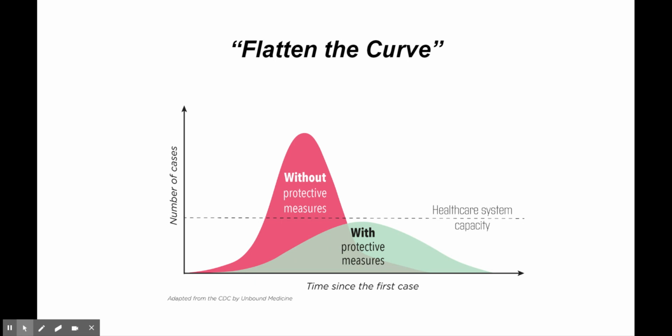The dashed line across the graph is the capacity that the healthcare system can basically take on. So if a system had 30 ventilators, then that number would have to do with that.